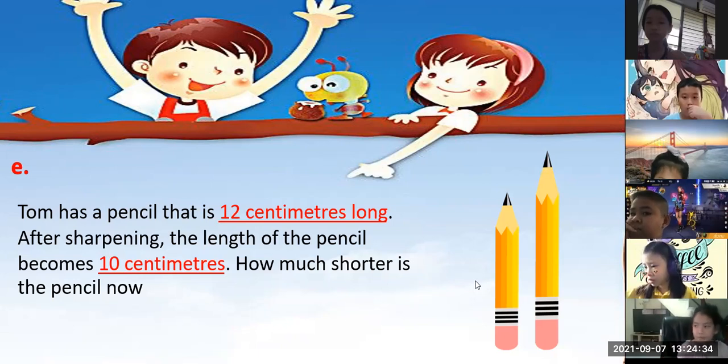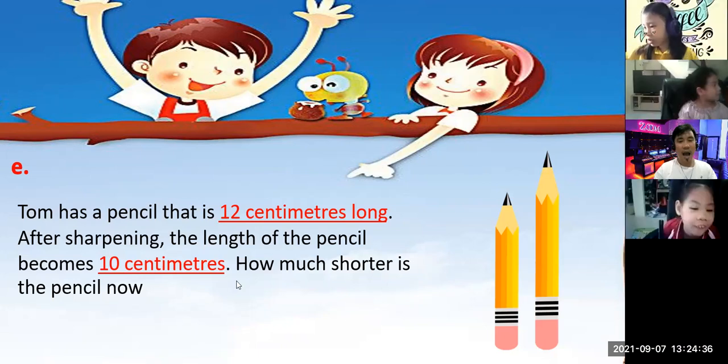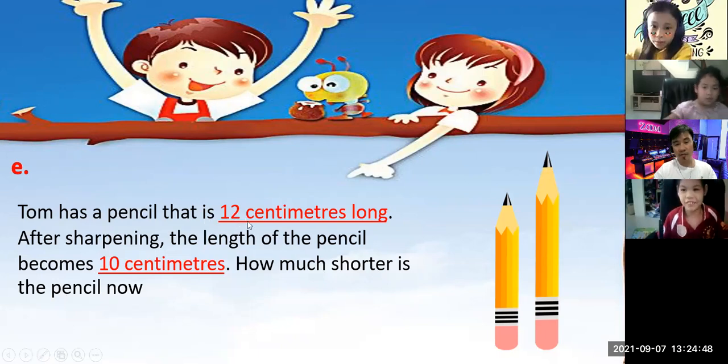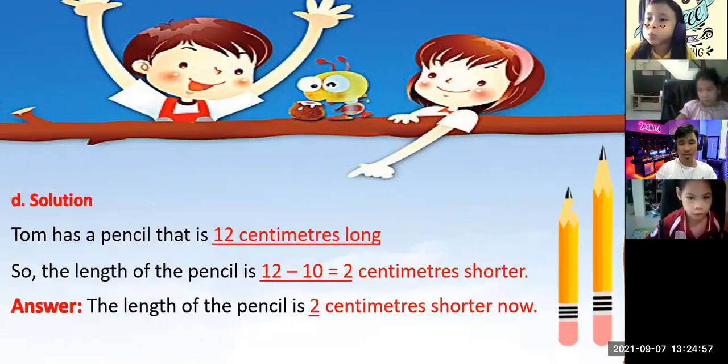Okay, so the question in letter E is how much shorter is the pencil now? So we need to find out how much shorter is the pencil now, because the pencil a while ago is 12 centimeters, and then after sharpening it becomes 10 centimeters. So how much shorter is it now? So how to do it? Here we go.